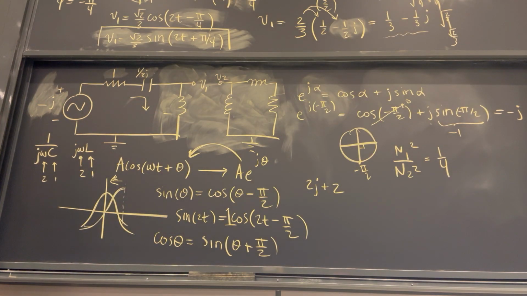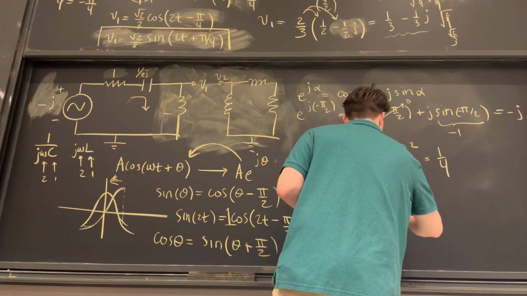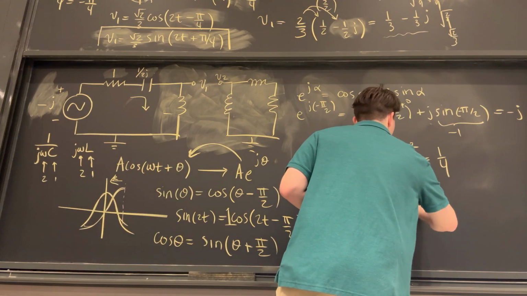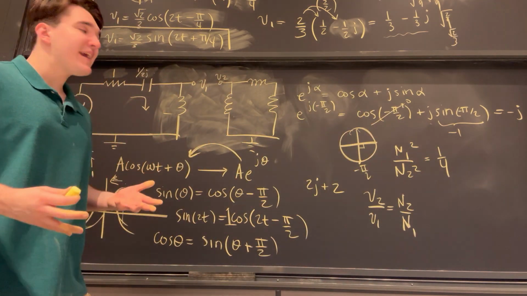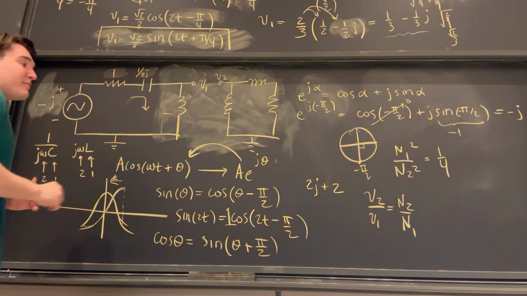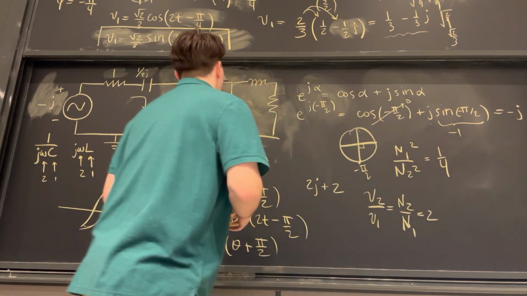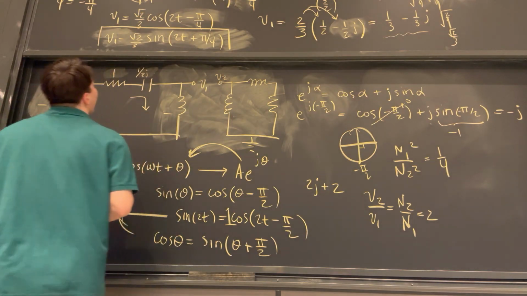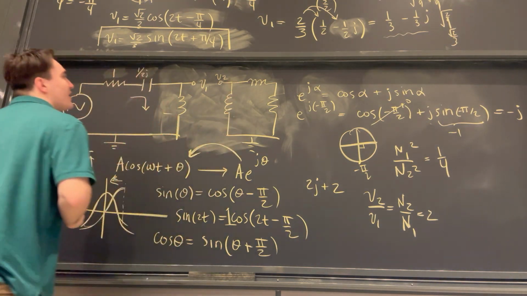But finding V2 from V1 is so simple because we know that V2 over V1 has to share that N2 over N1 ratio. That's by definition. And we know that N2 over N1 was actually just 2. So all we need to do is multiply V1 by 2 to find the voltage above this part of the transformer.